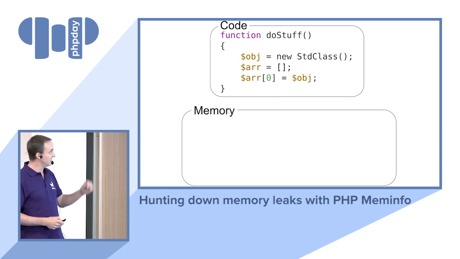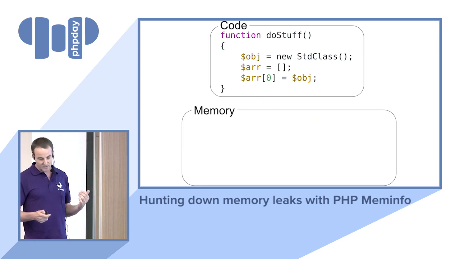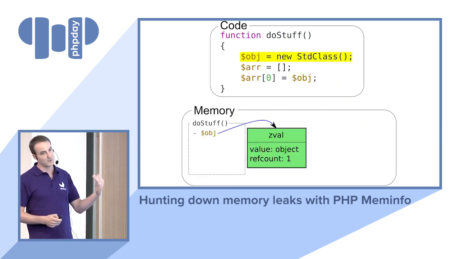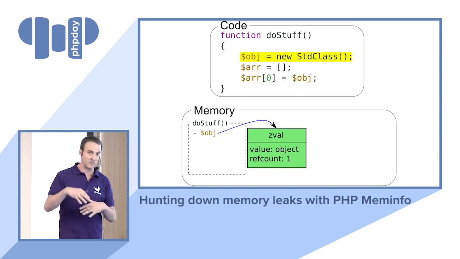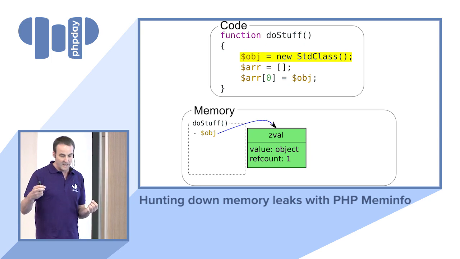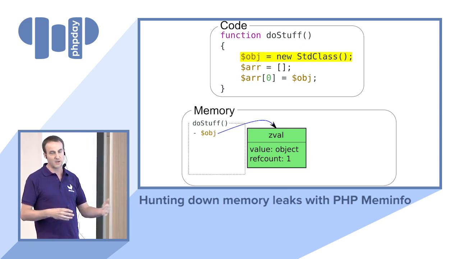So I have this little nice function that does stuff, obviously. There are 3 lines in there. First, I will instantiate a new object from a standard class. In memory, that will create a structure called a zval. A zval is a structure that holds your data inside the PHP engine. There's a lot of information on this structure: obviously, the data, the type, and so on.